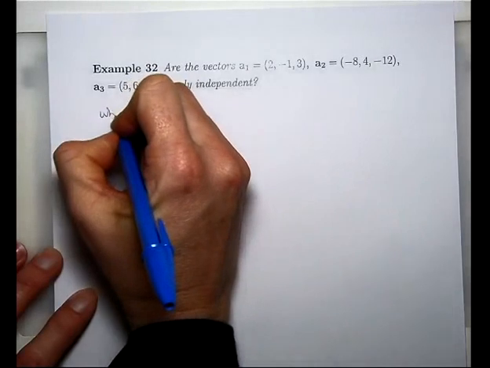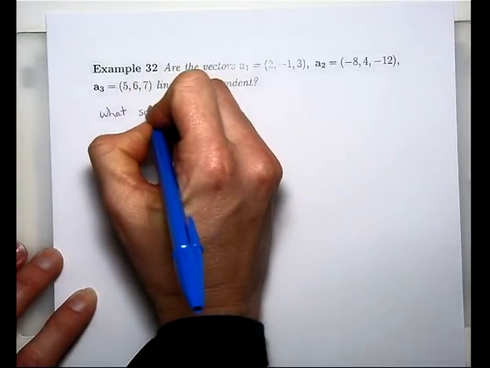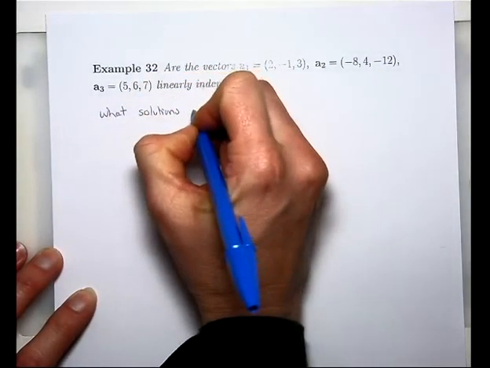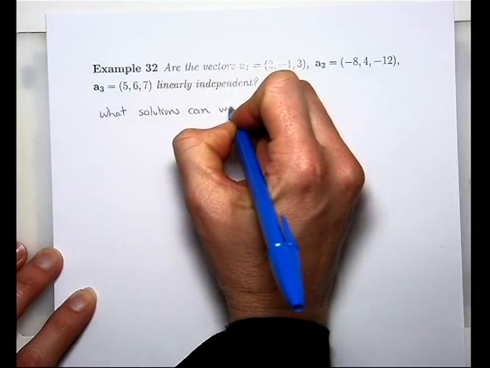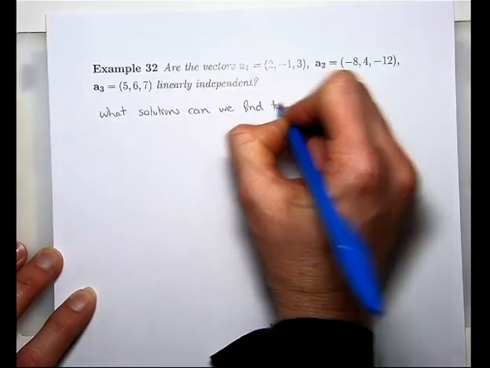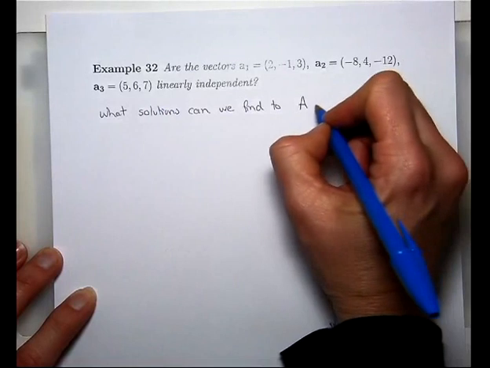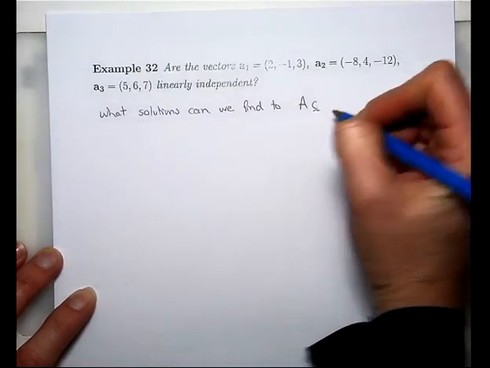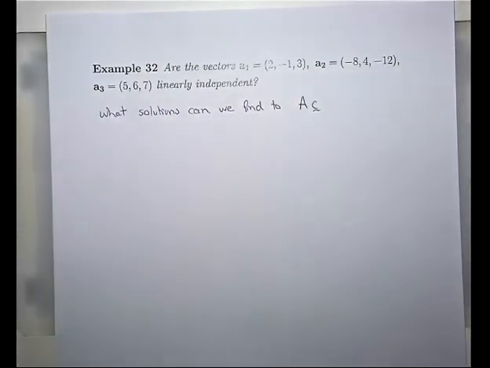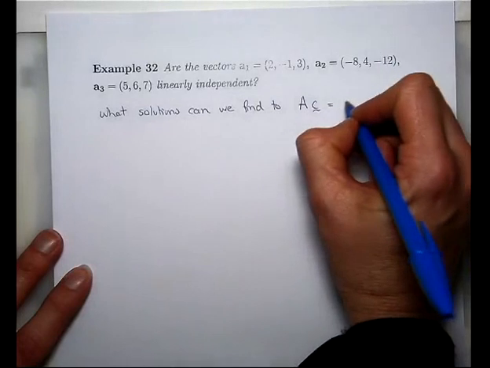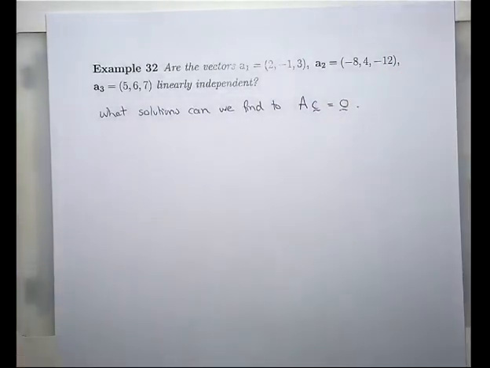So the question is, what solutions... I'm going to call it A this time because my vectors are called A's, times this vector of constants, which we don't know, is equal to 0.